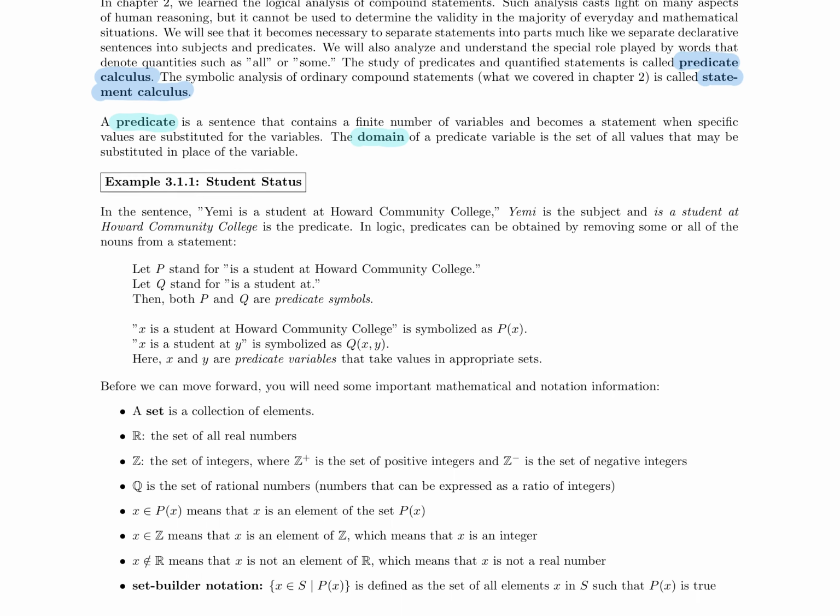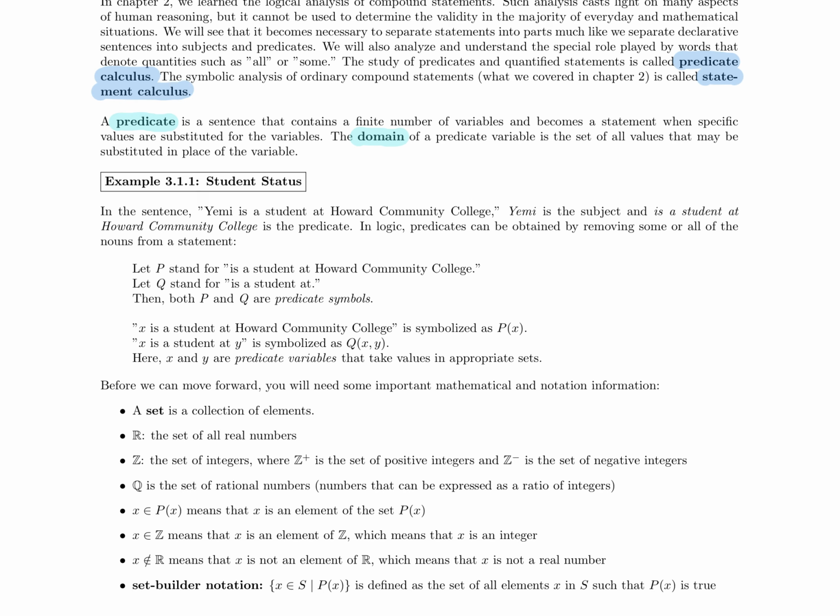So let's see how this goes together. In the sentence, Yemi is a student at Howard Community College, Yemi is the subject, and is a student at Howard Community College is the predicate. In logic, predicates can be obtained by removing some or all of the nouns from the statement.